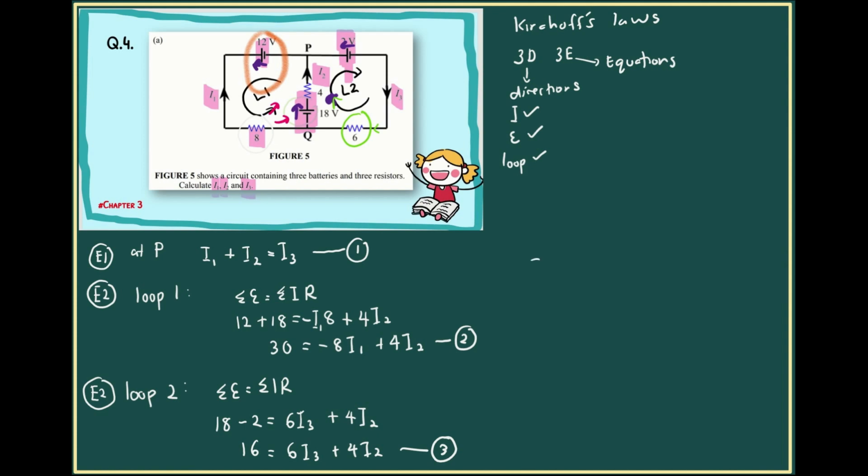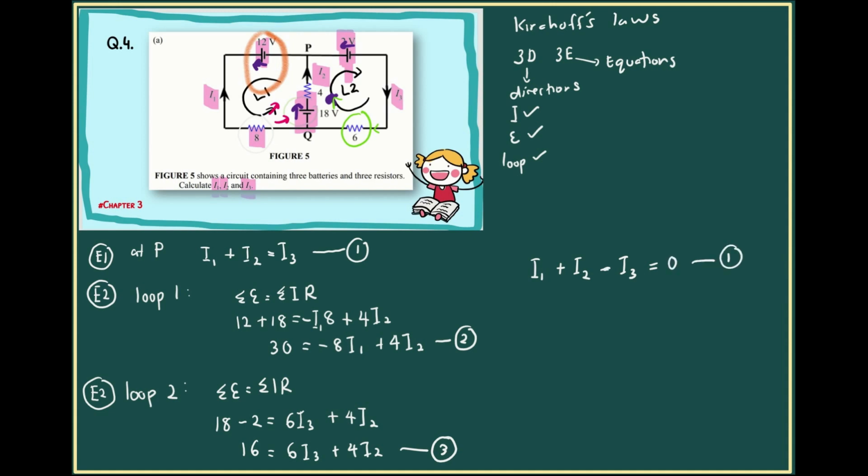Now we want to calculate the value of I1, I2, and I3. So we rearrange the equations so that I1 comes first, followed by I2 and I3. So this is your first equation, I1 plus I2 minus I3 equals 0.